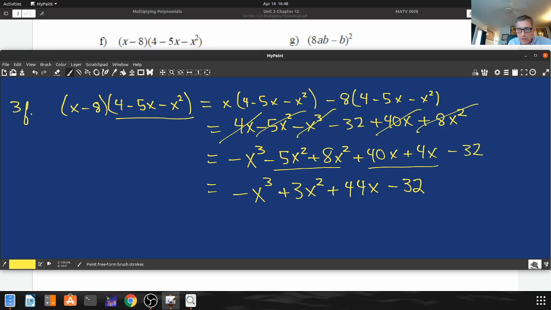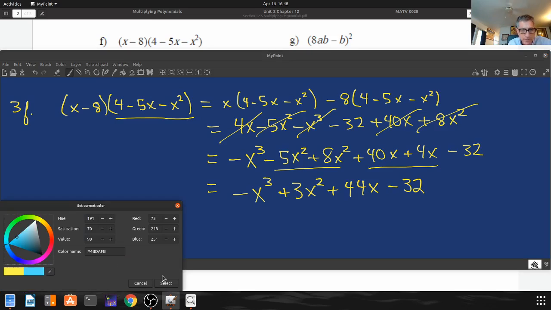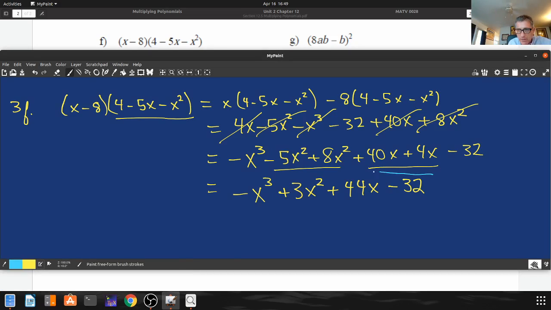So let's check some things right here. Let's check my x squared terms. So that's minus 5x squared. And down here I have plus 8x squared. So I'm happy with this answer. If you see an error in this, let me know, but I'm just wanting to check this really fast.